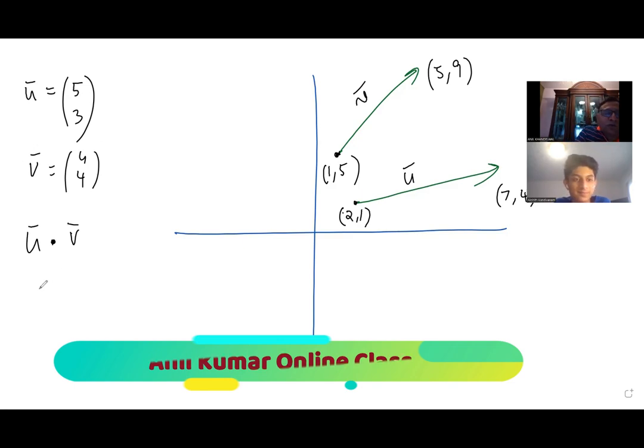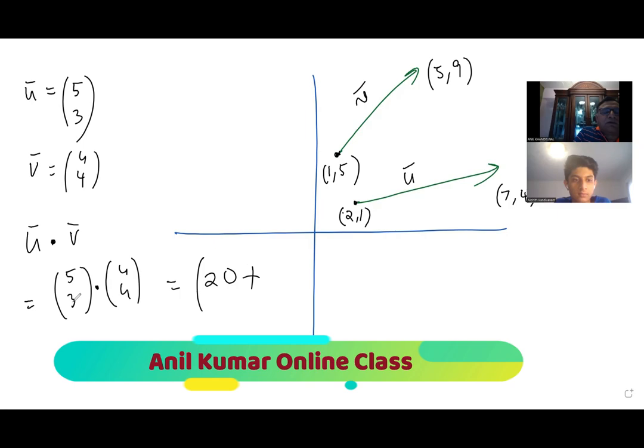And how do we do it? We write these two vectors, 5 and 3, and 4 and 4 in this case, with a dot in between. The dot product results in 5 multiplied by 4, which is 20, plus 3 times 4, which is 12, and we get a number, 32.